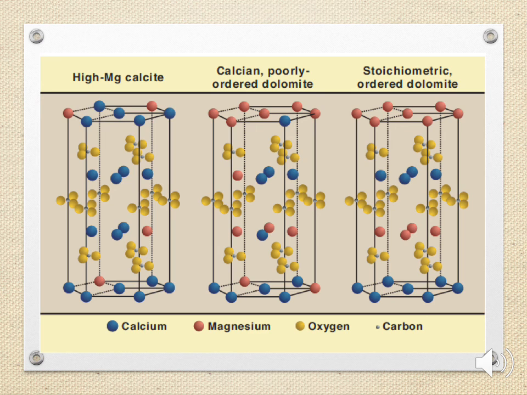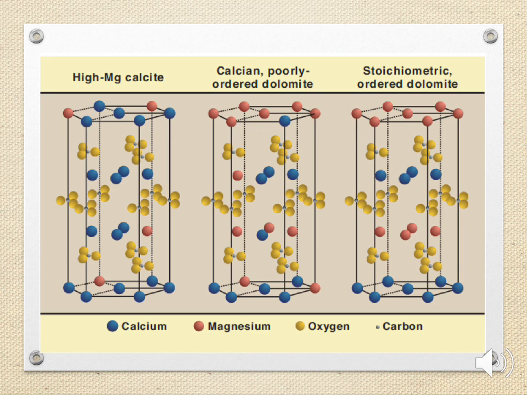When we get to poorly ordered dolomite, it's making these alternating layers. As you can see here, it's almost a complete layer. This one is out of place, this one is an almost complete layer, and this one is nowhere near, but it's on its way compared to the high magnesium calcite. So this is poorly ordered dolomite.